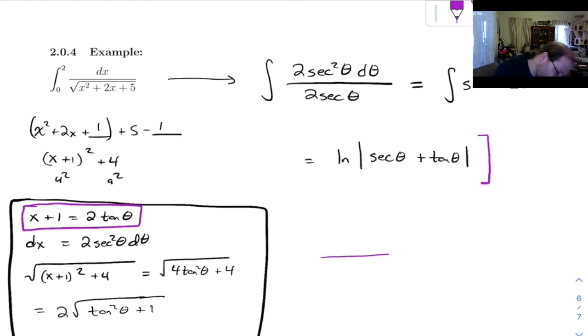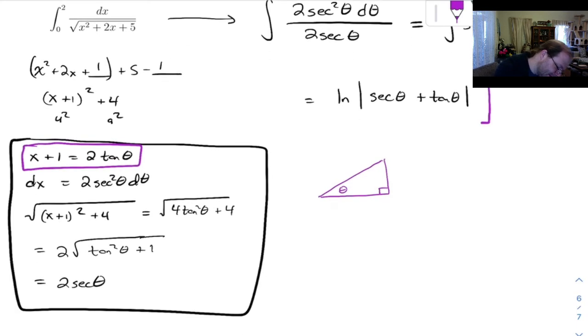Let's see. Here's my triangle. Here's theta. Now, x plus 1 equals 2 tan theta. So that means tan theta is x plus 1 over 2. So that's the opposite over adjacent.